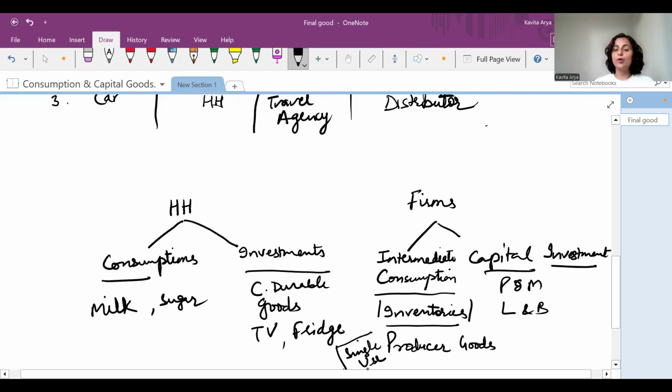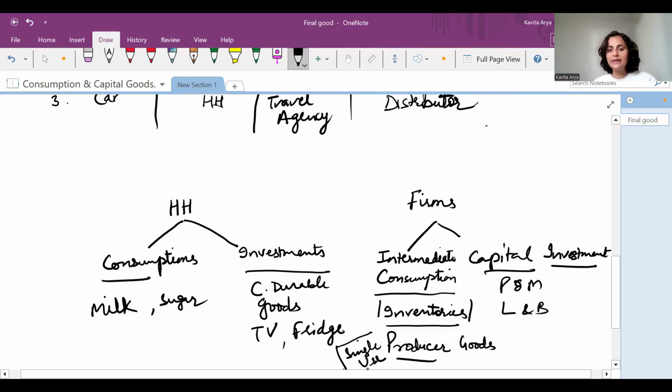We say all capital goods are producer goods, but all producer goods are not capital goods. For example, I'm giving you the example of nails, wood, glue, or anything which is used in making a piece of furniture. All these things unite to make one piece of furniture. They get used up.